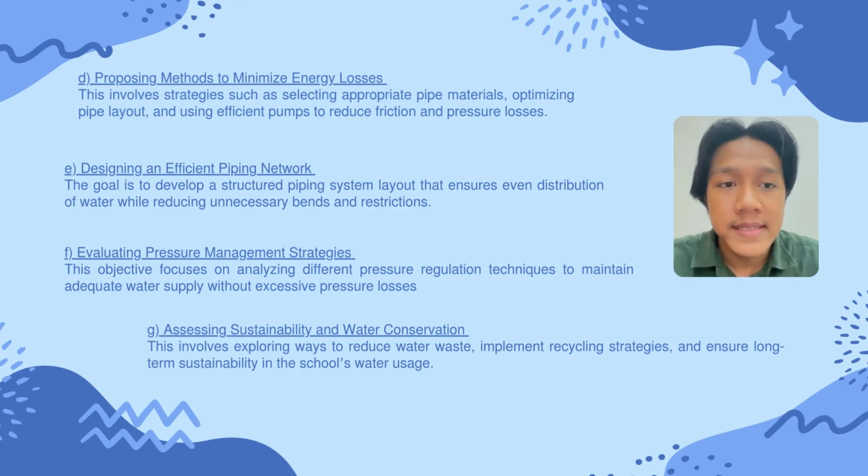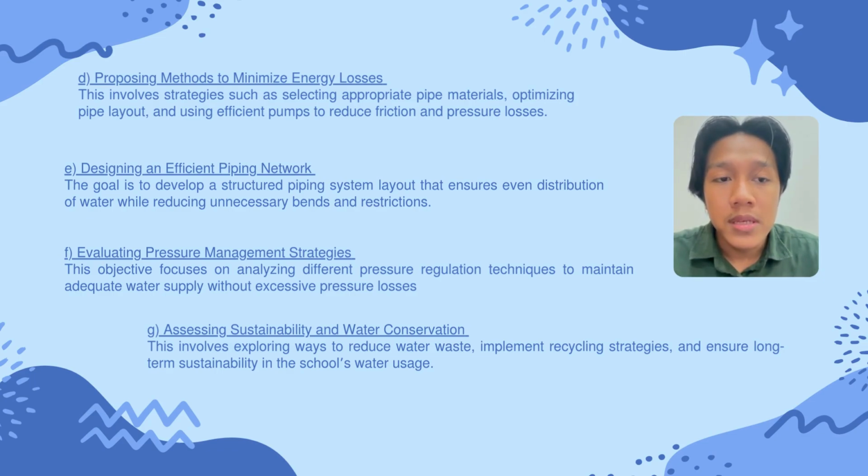Next, we design an efficient piping network by developing a structured layout that ensures even water distribution while minimizing unnecessary bends and restrictions. Then, we evaluate pressure management strategies by analyzing techniques to maintain a consistent and adequate water supply without excessive pressure losses.